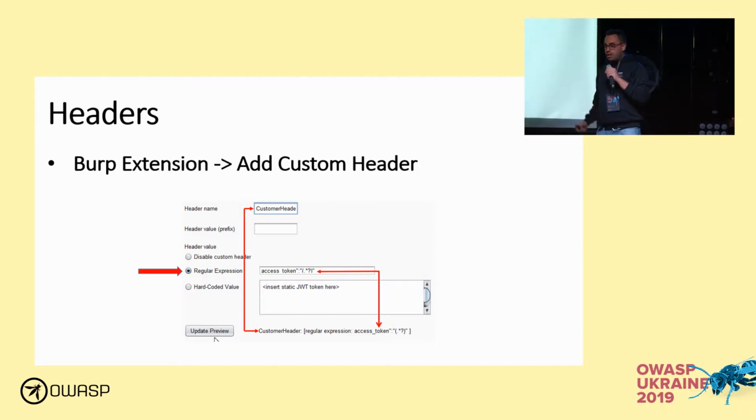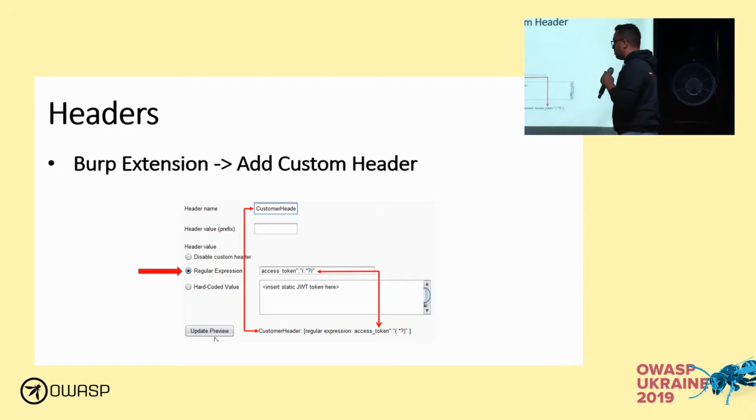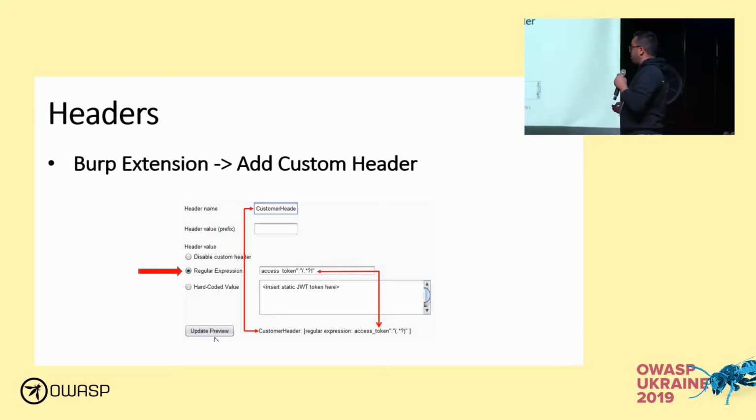So basically, this is the structure for the extension. It's pretty clear what you have to do. First, the header name, the header you want to inject in the request. If you have some prefix, you can put it here, but don't forget there should be a space here. If there is no space, it's going to break something.